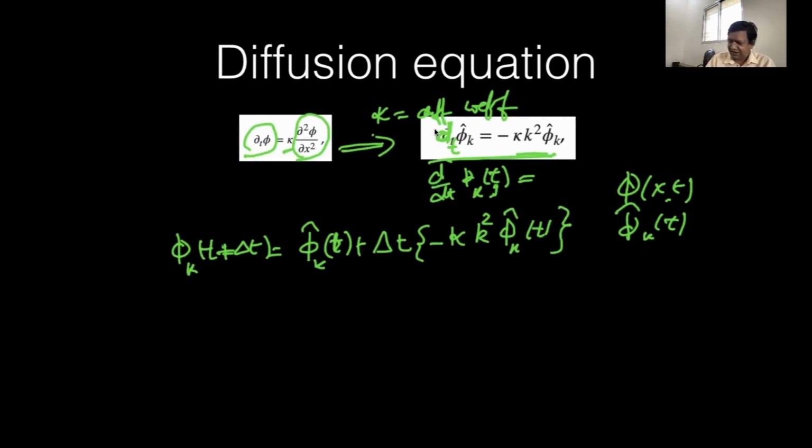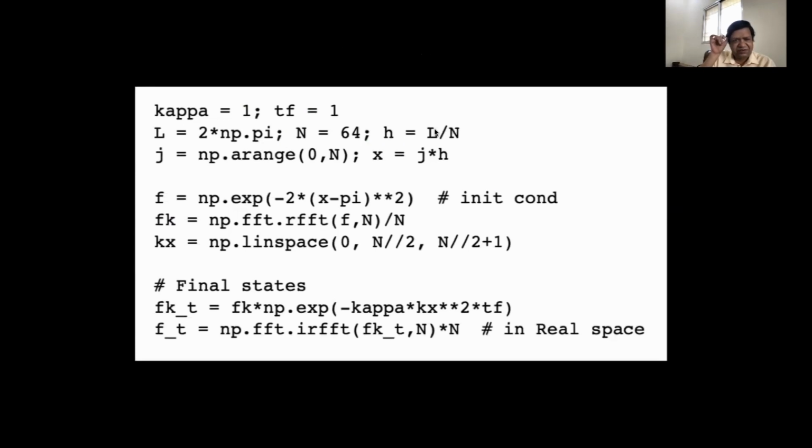Given an initial condition in real space, phi x at t equals 0, I can compute phi hat k at t equals 0, and using this I can time advance. So this is a pretty simple code. Just take kappa equal to 1. T final is 1.